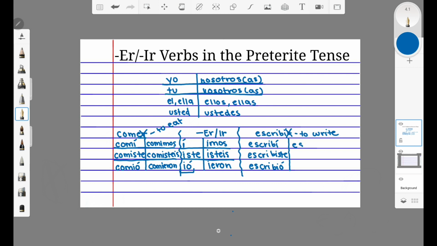Nosotros escribimos. So with an IR verb, you would need that signal word since it's the same in the preterite and the present. Vosotros escribisteis. And lastly, ellos, ellas, ustedes escribieron.